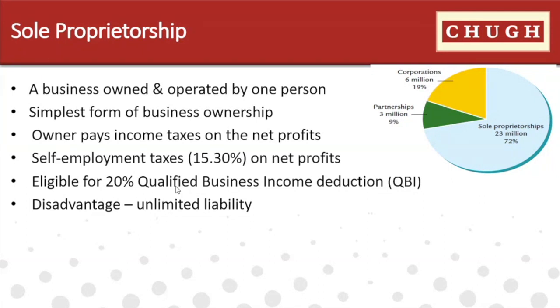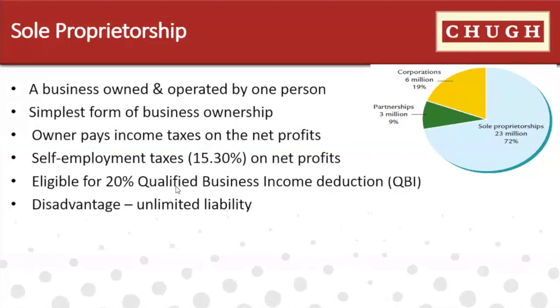A sole proprietor business does get a special 20% qualified business income deduction. This is a very new deduction, introduced as part of the major US tax reform in December 2017.